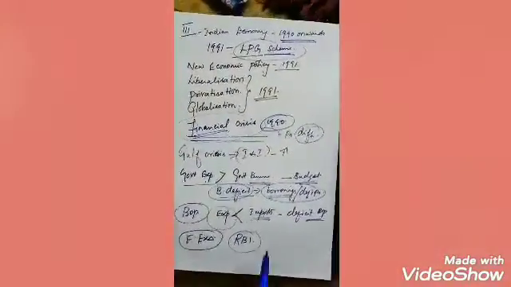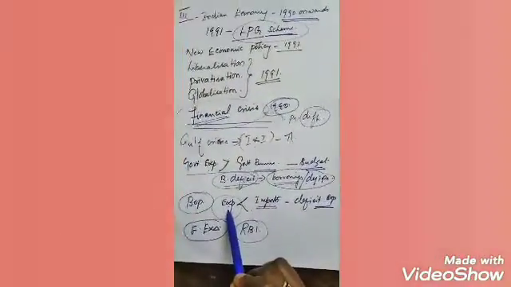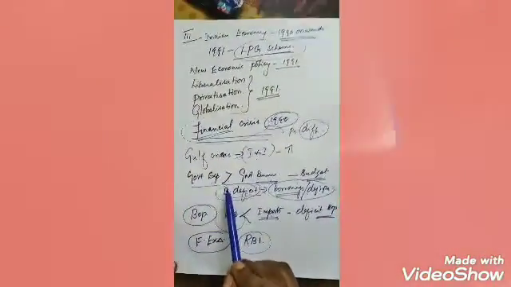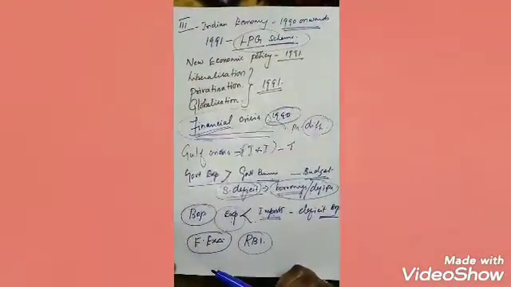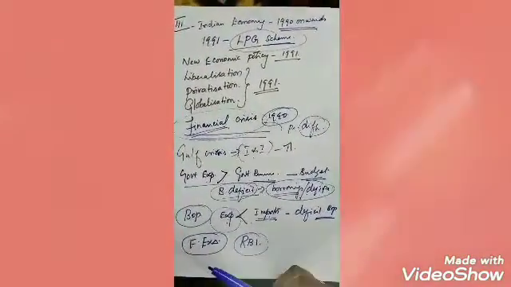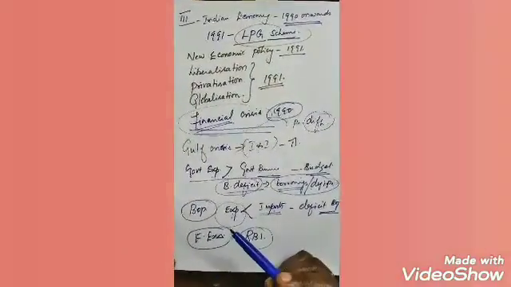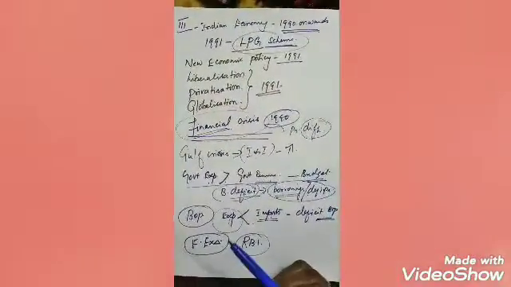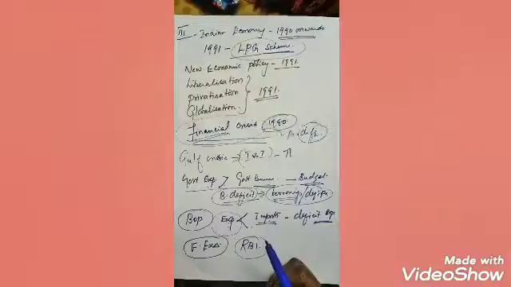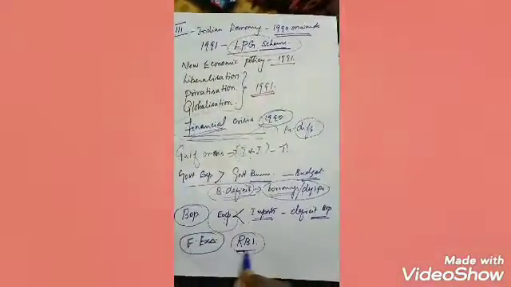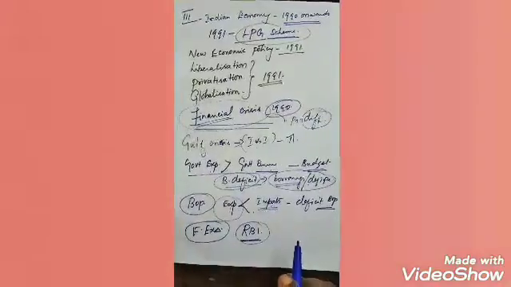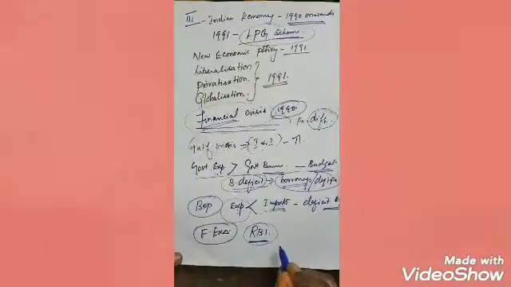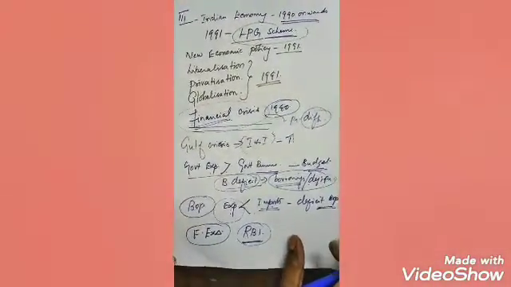In order to manage difficulties in the BOP, if the import rate is more, and also for repayment of debts and payment of interest, we should keep foreign exchange reserves. In those times, the RBI did not have it even for a fortnight.